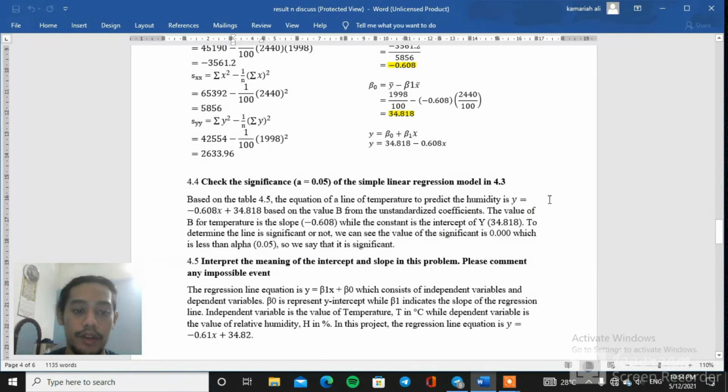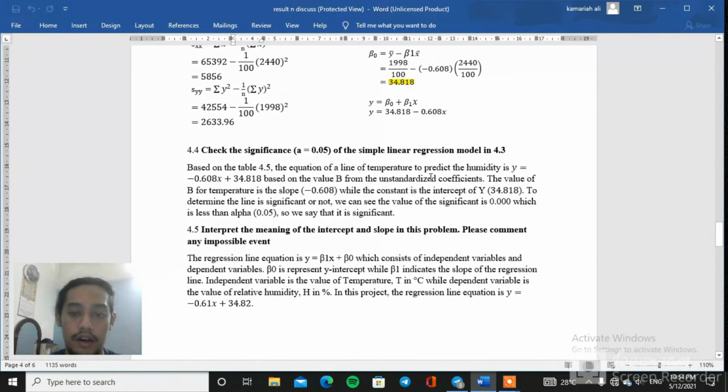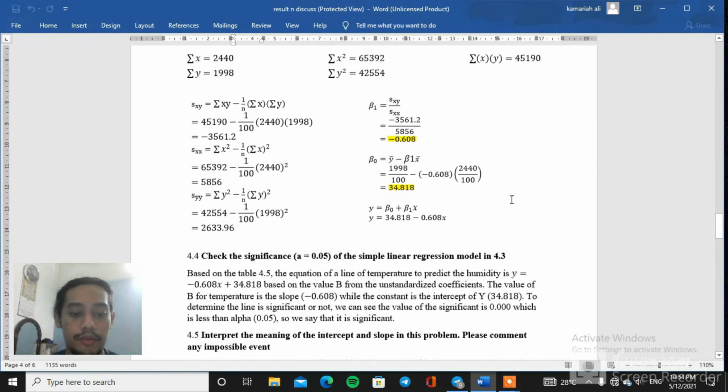So for 4.4, we have to check the significance, which is 0.05 of the simple linear regression model in previous 4.3. So based on the table, the equation of the line of temperature to predict the humidity is here y equal to negative 0.608x plus 64.818. So based on the value of B under standardized coefficient, the value of the B from the temperature is the slope.